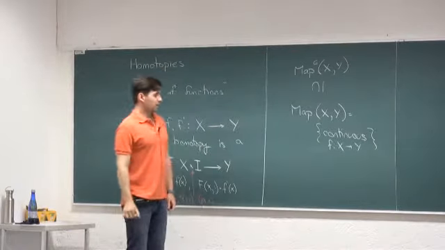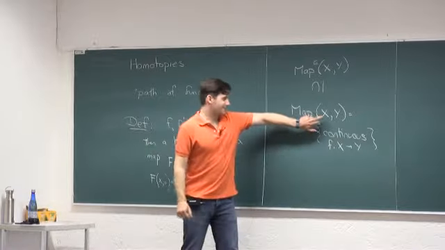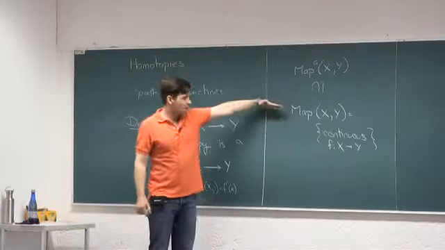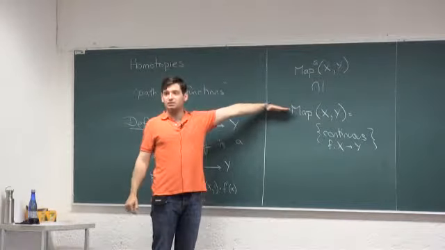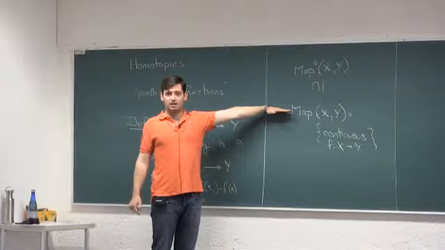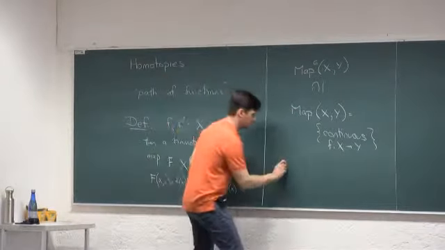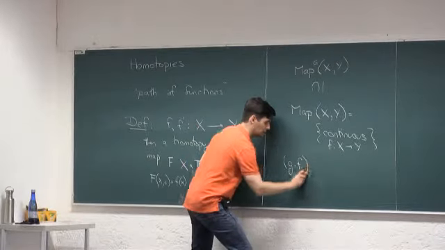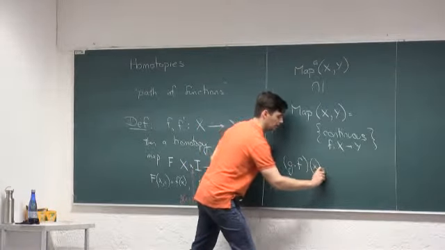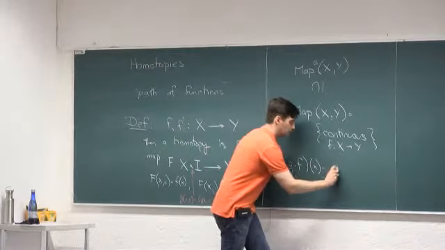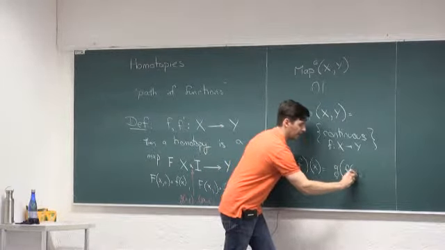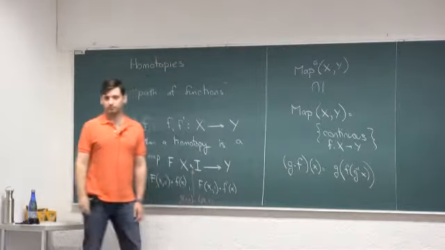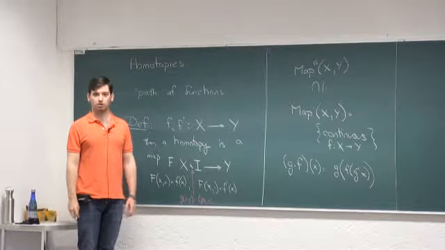And actually, since I'm in the equivariant context, I can remember that X had an action of G and Y had an action of G. So I can endow the set of continuous functions from X to Y with an action of G. So I'll say that g times a function f, when I evaluate it on a point x, is going to be g of f of g inverse x. Sometimes we call this the conjugation action.